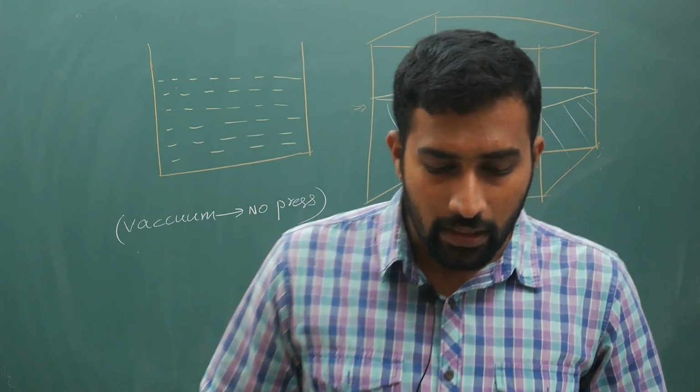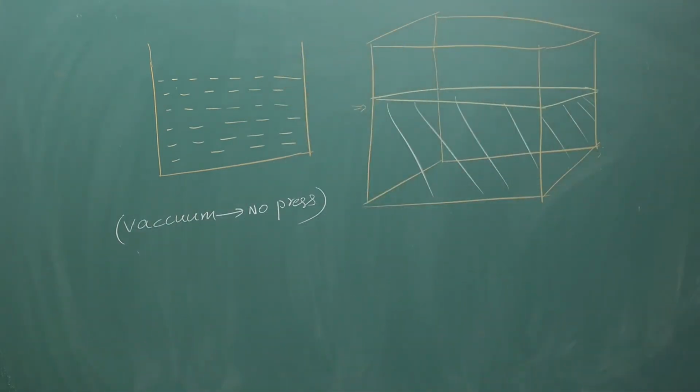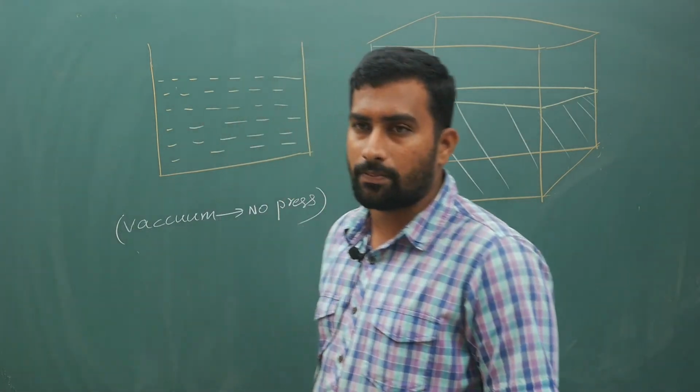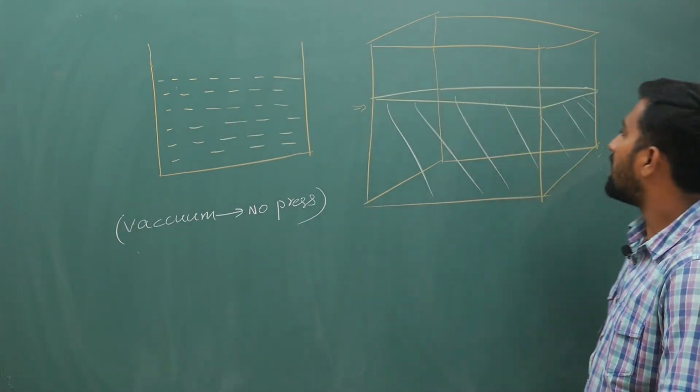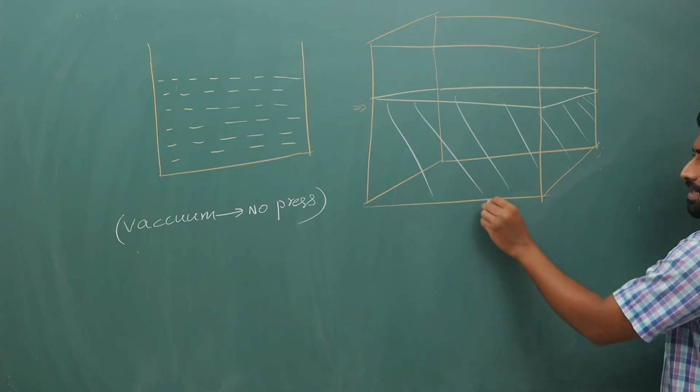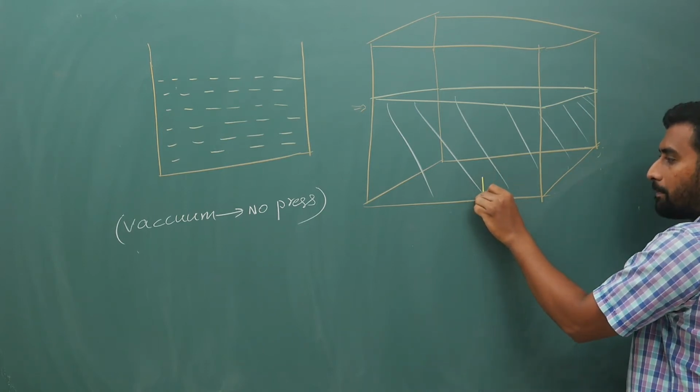In vacuum your pressure value is equal to 0, no pressure or zero pressure.